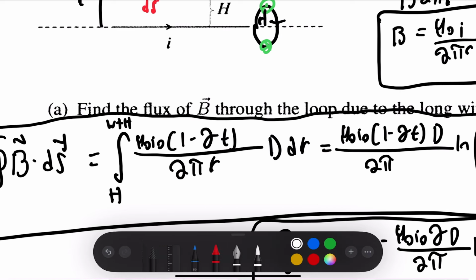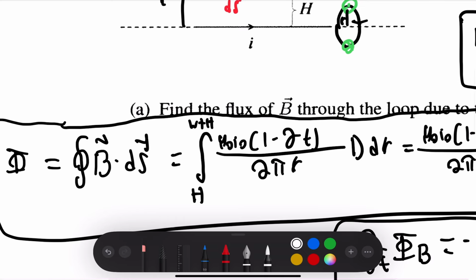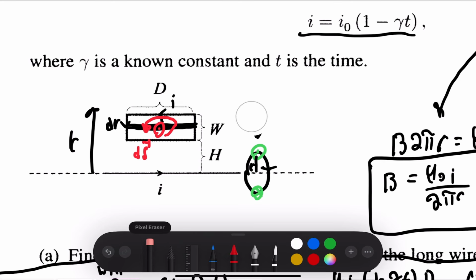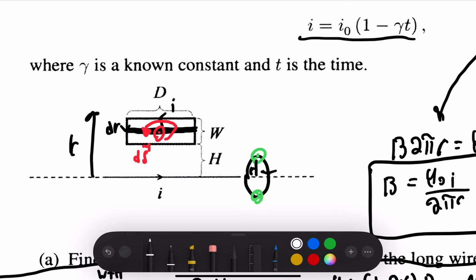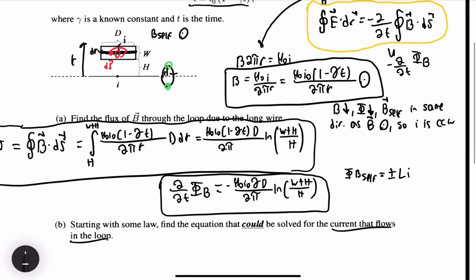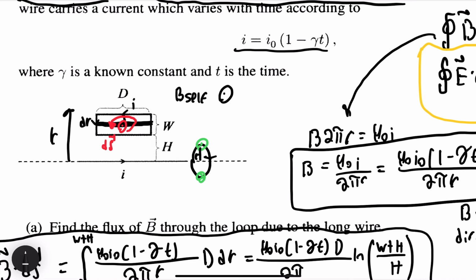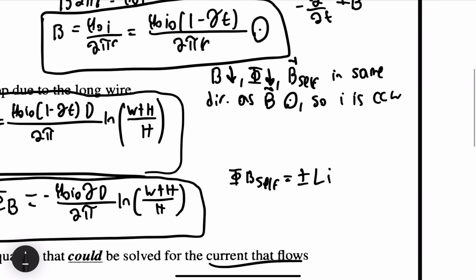That's why B dot ds was positive: ds is pointing out, and our magnetic field is also pointing out. I should also put B self here. B self is also out. So to determine if B self is positive or minus, it's the same thing. B self is pointing out, ds is also pointing out, so the dot product is going to be positive 1, so it's going to be Li.